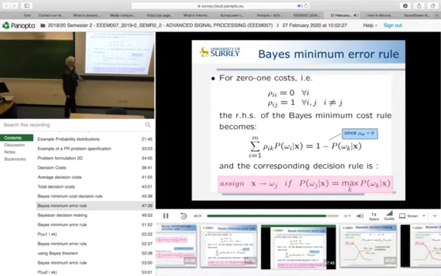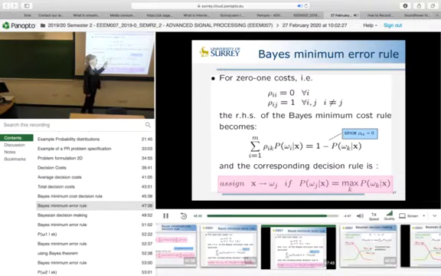And in this case, this sum from 1 to m over all of the classes of P of ik times P of omega I given x, this is 1 for all of the classes except for the correct class.